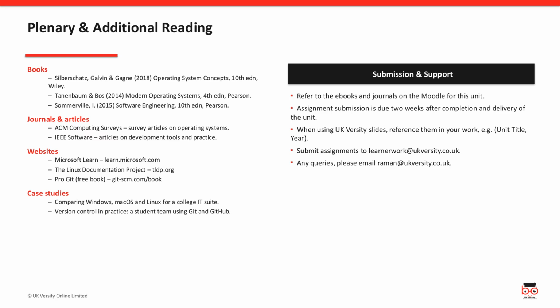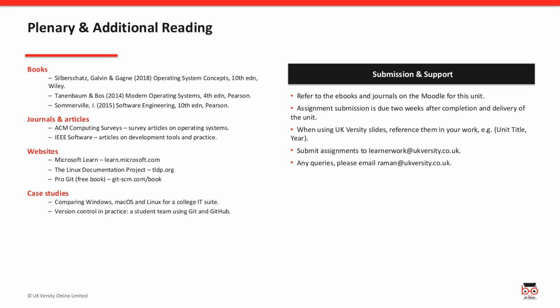That wraps up Learning Outcome 2, and you should now have a clear sense of the software layers that turn hardware into a useful computer. To take it further, the reading list offers well-regarded books on operating systems and software engineering, along with journals covering operating systems and development practice.